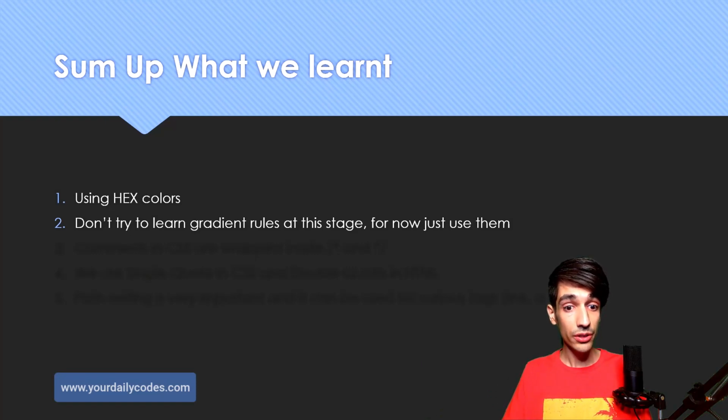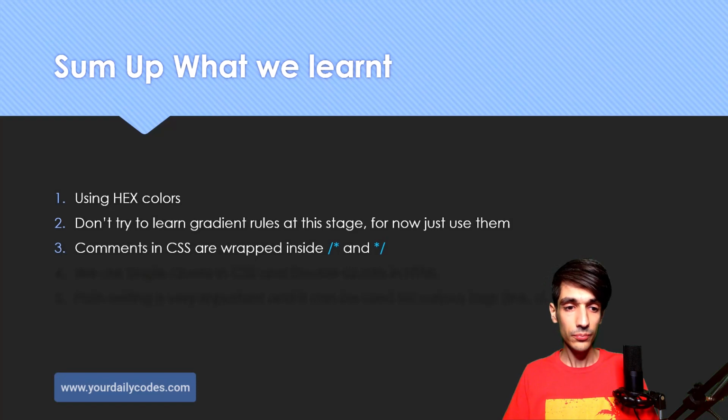Don't try to learn gradient rules at this stage at all. Just learn how to customize that. For example, to right, you just replace that to left, or you can navigate between different gradients and use what you want in your website.